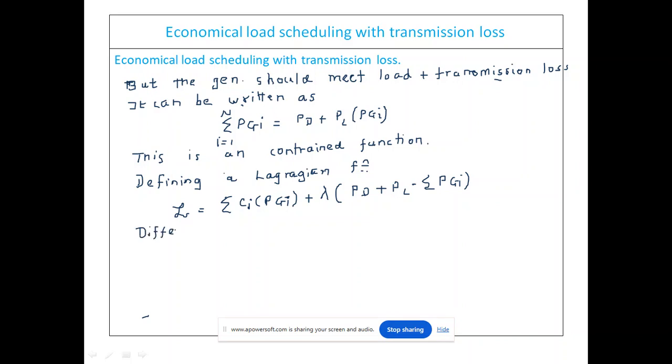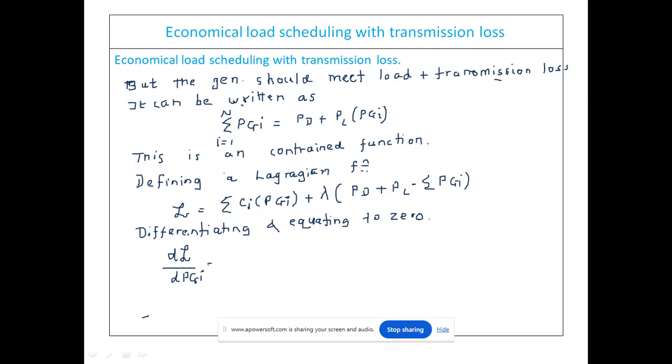Differentiating and equating to 0. So we'll get it as d. Now we have to differentiate with respect to PGi.